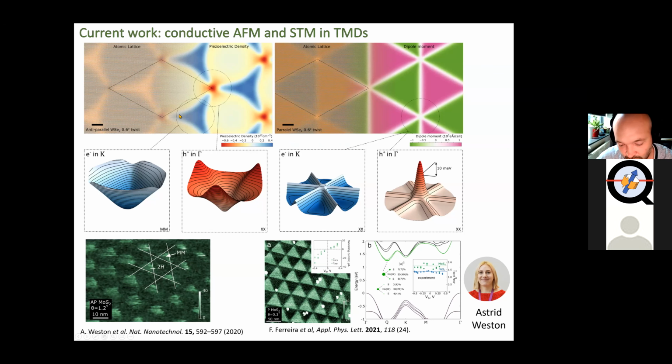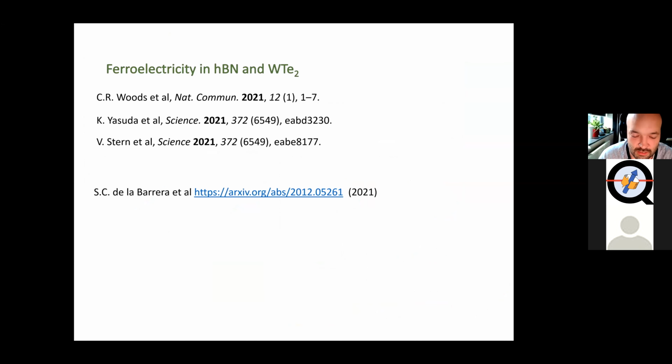So here we come to the point of ferroelectricity, which has fairly recently been discussed in hexagonal boron nitride, twisted interfaces, and also in tungsten telluride. The ferroelectricity occurs because you can create this asymmetric interface between two materials, and that can lead to charge transfer across the interface, and of course create polarization, which in practical terms is ferroelectricity.